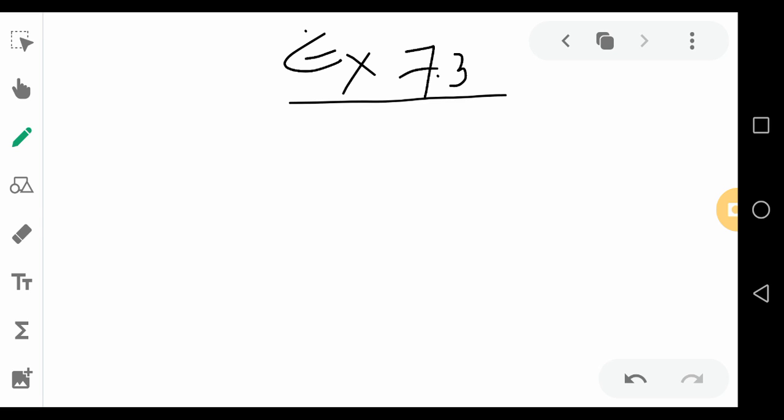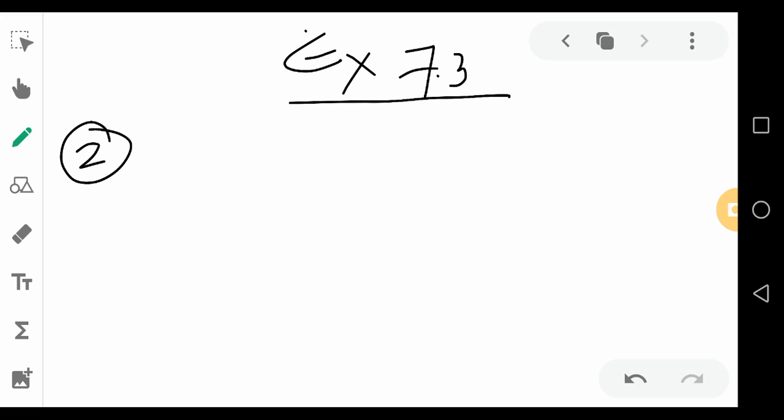going to exercise 7.3, question number 2. In question number 2, AD is an altitude of an isosceles triangle ABC in which AB equal to AC.